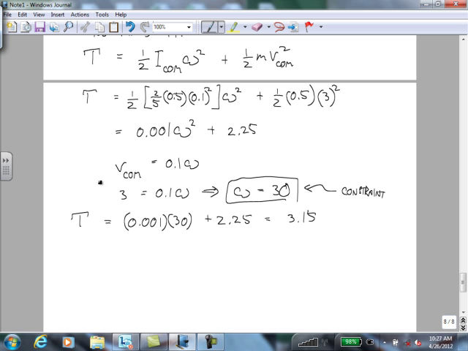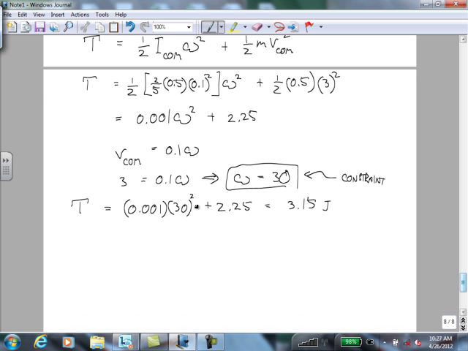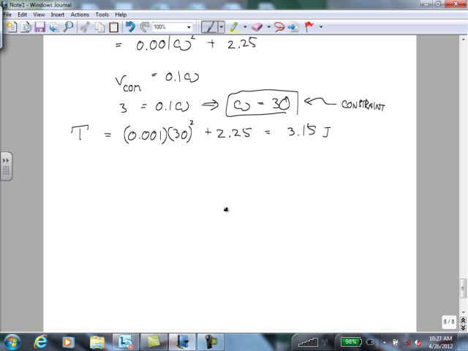All these units were SI units, so what's the unit of kinetic energy? Joules, yeah. Any questions about that? Okay.